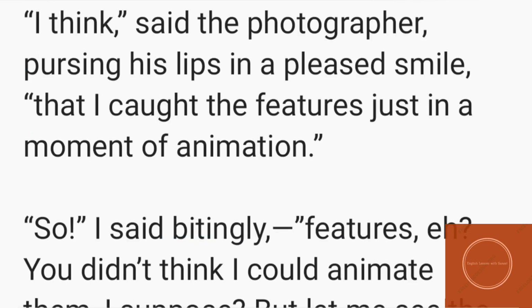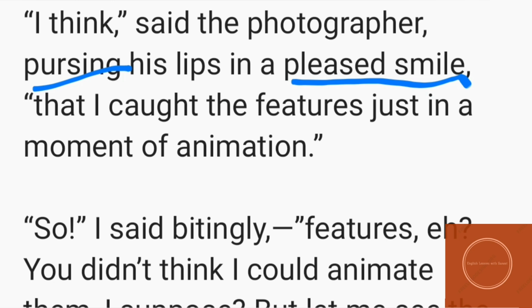I think, said the photographer, pursing his lips in a pleased smile. Now, the photographer is saying something after he has taken the picture, that I caught the features just in a moment of animation. Here, pursing means that he is folding his lips and he's just pleased.